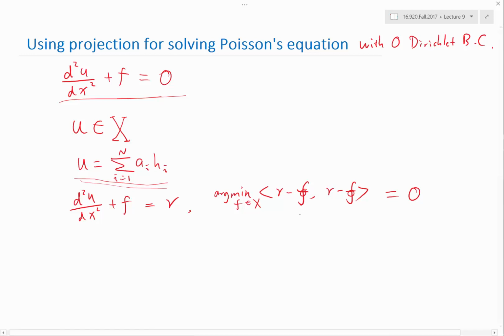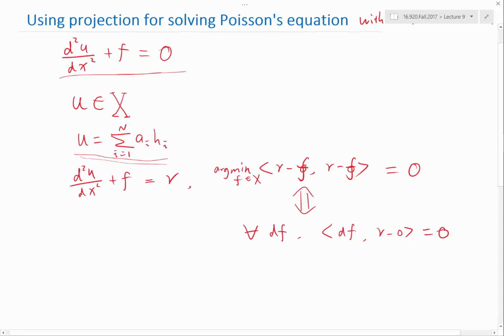Right, and this, as we just analyzed, is equivalent to saying for any df, the inner product of df with r minus 0 has to be 0. Right? Okay, you can go through the same math and show that's exactly what we did before.